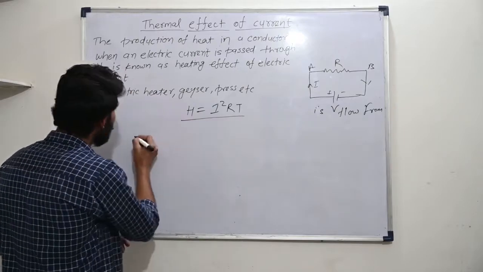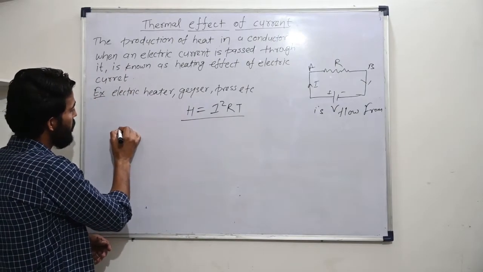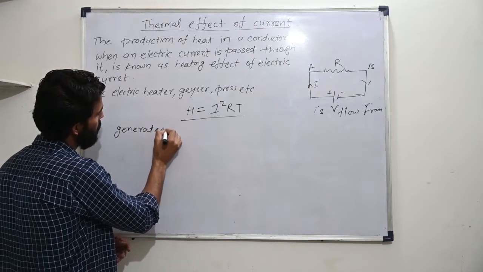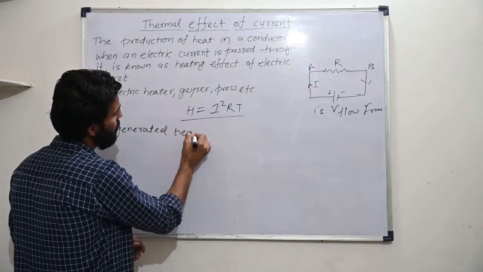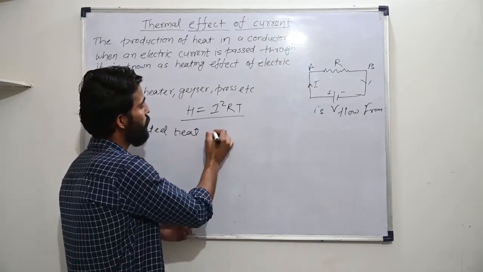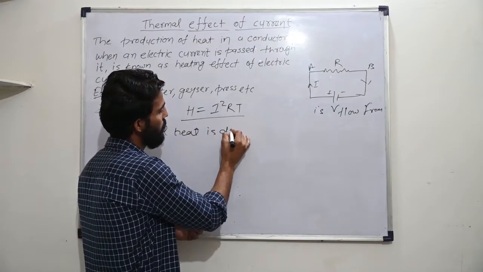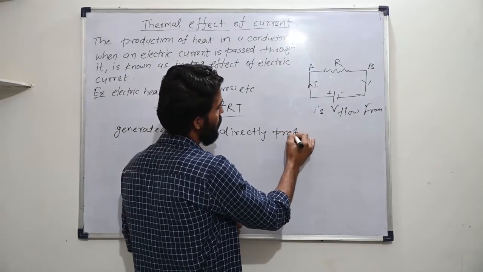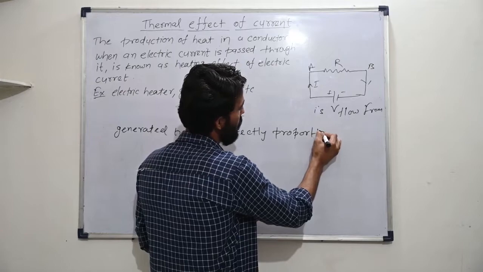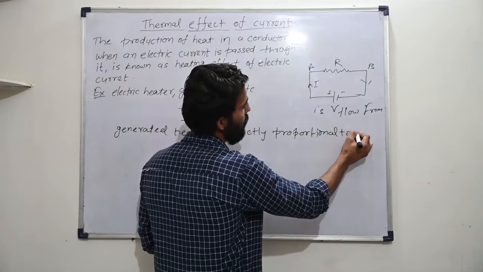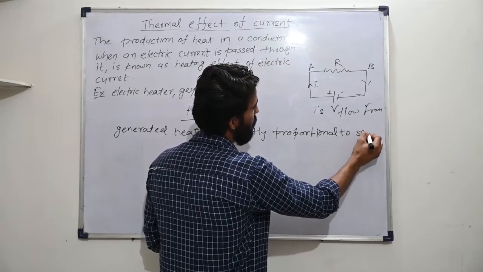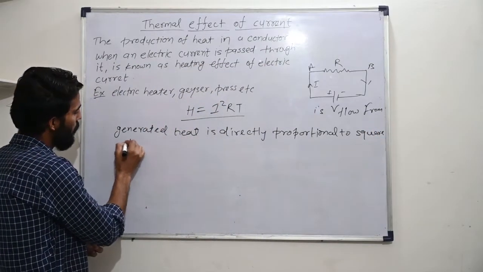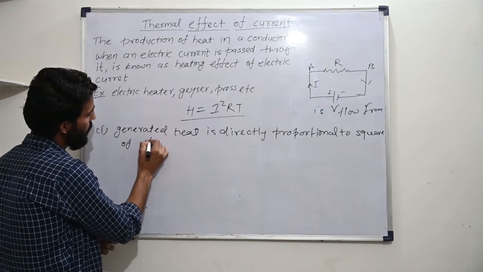By this we can say that generated heat is directly proportional to the square of the electric current.